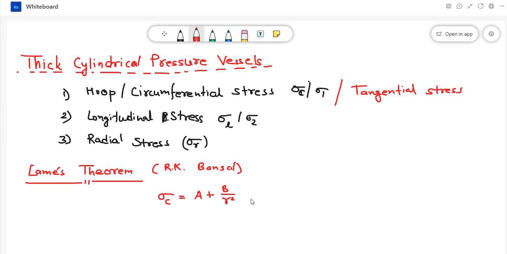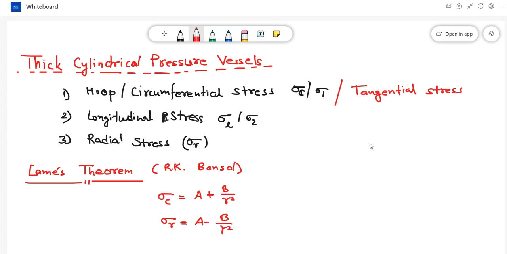What is R? I will explain now. And sigma R, that is radial stress, is A minus B by R square, where A and B are constants and R is the radial distance or radius.